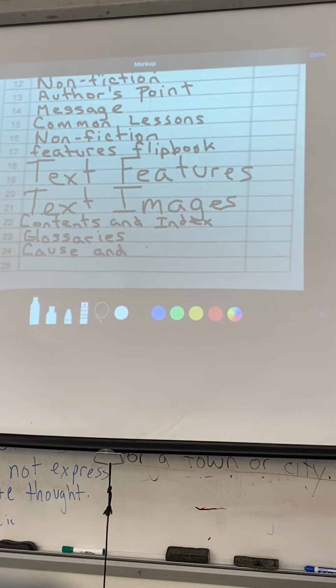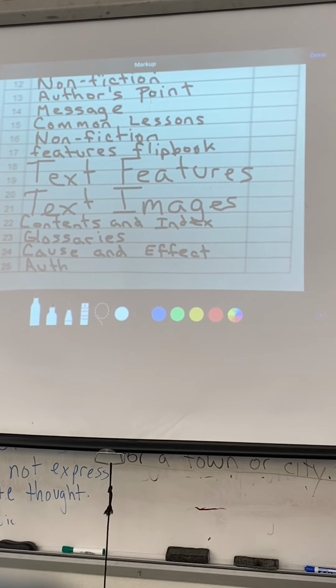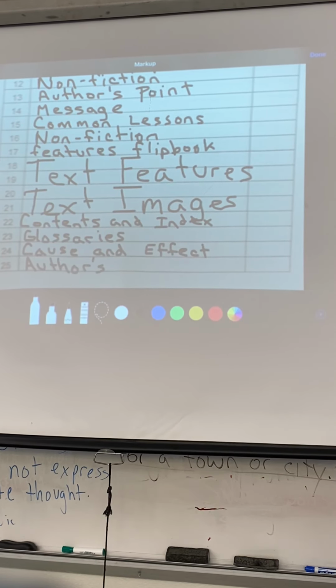You only have one left? For cause and effect? Okay, well we have a new page. I don't know how that happened, but... Oh, because you had 2 pages, right.